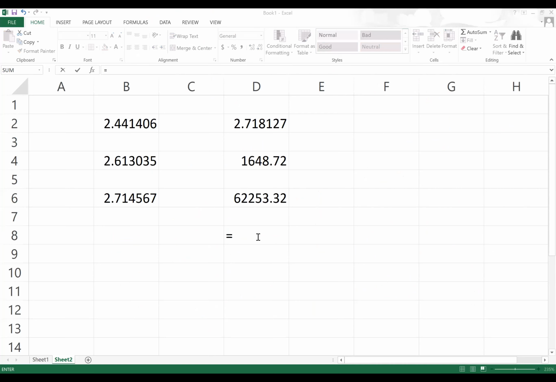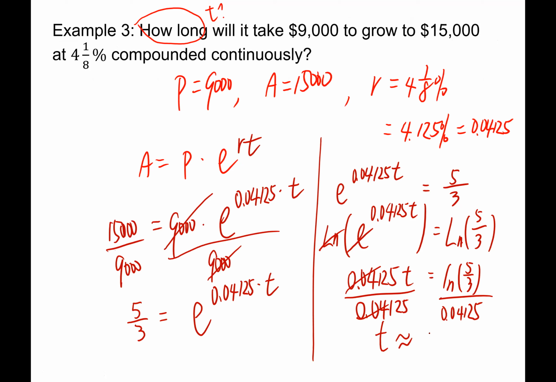So we do ln 5/3 divided by 0.04125. Okay, and then if you just hit enter, you will get a result. Okay, so that turned out to be about 12.4 years. If you round to one decimal place, so it takes about 12.4 years to reach the goal.